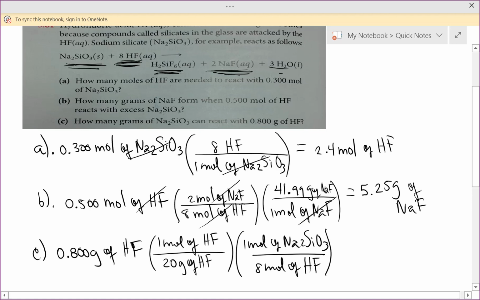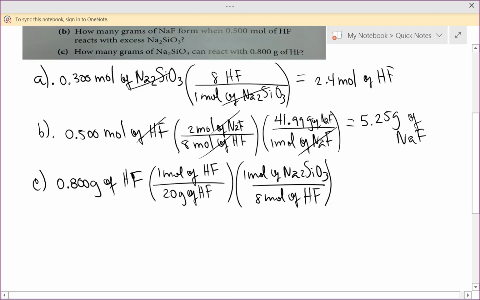So you just have to follow the numbers that we have for each of the reactants and products in the balance equation.